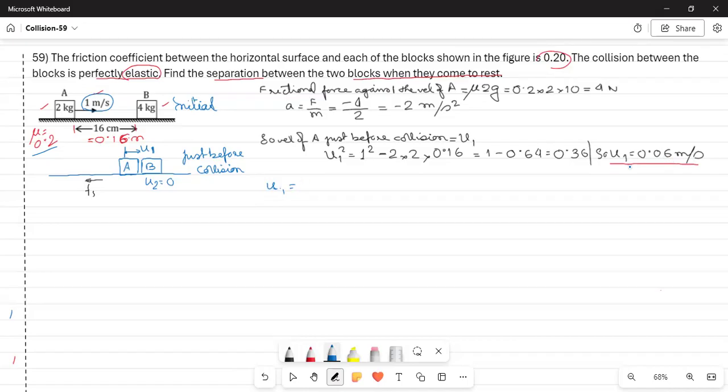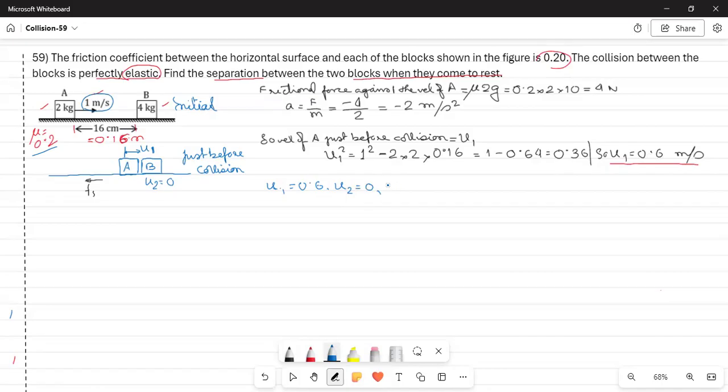Sorry, this is not 0.06. I'm very sorry. This is 0.6, because u1 squared is 0.36. So this is 0.6. That means u1 is equal to 0.6 meter per second, just before collision. Velocity of the second body before collision, u2, is equal to 0.